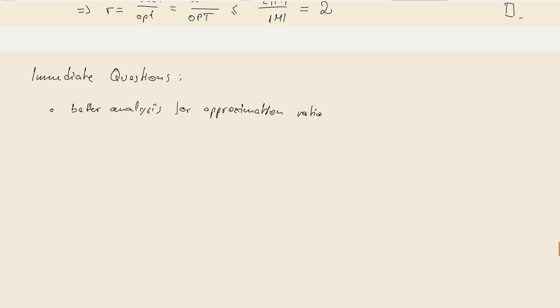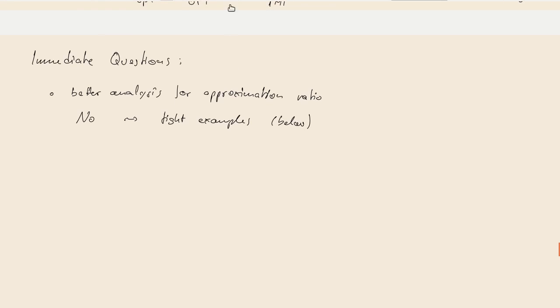Maybe there's a clever way just to show that we achieve 1.5, not 2. But the answer is no, because we can give tight examples. We'll do so in a second. Let's just prove that this is tight and there is in general no way to improve the analysis.